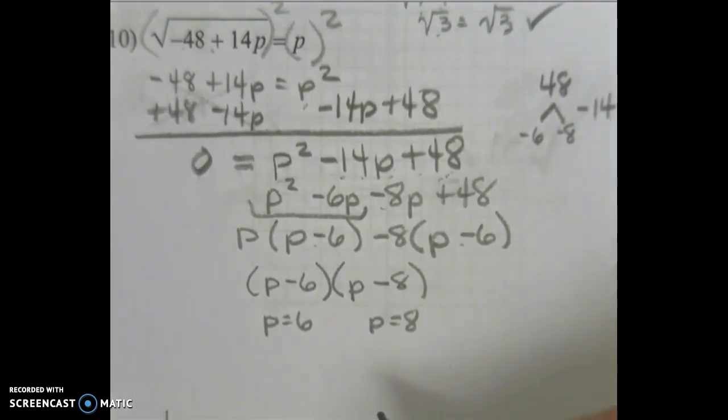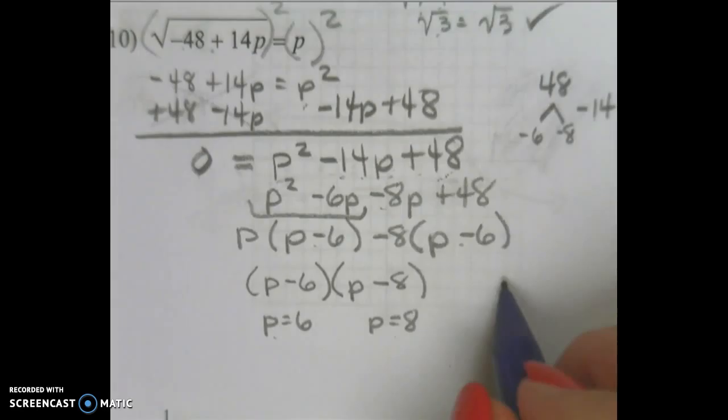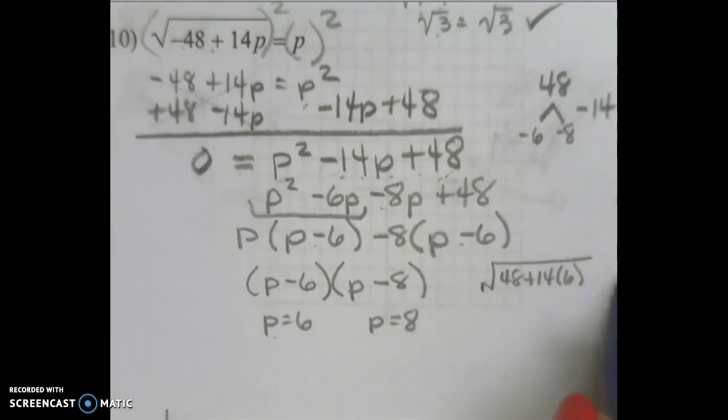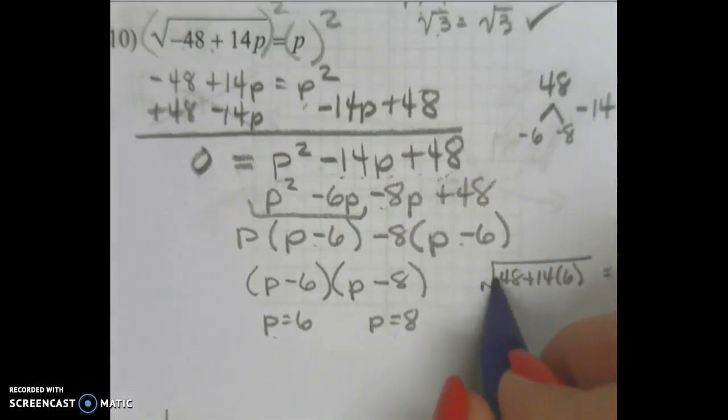I need to go back and double check my problem to make sure both work in my equation. So I have the square root of 48 plus 14 times 6, and that's supposed to equal 6. Oh, that's a negative 48, sorry.